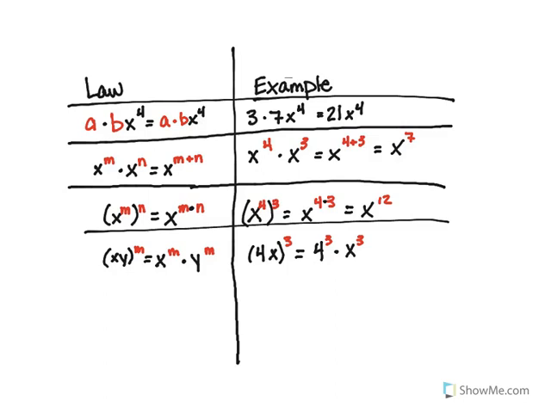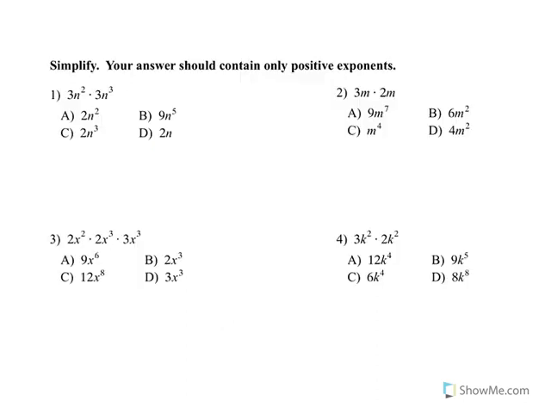So you almost kind of distribute this 3 to both of these. And then obviously we could simplify 4 to the third, which would be 64, and then we'd have x to the third. So those are all of our rules. You should have this written down somewhere that you can look back a whole bunch, because you're going to have to use them a lot today.